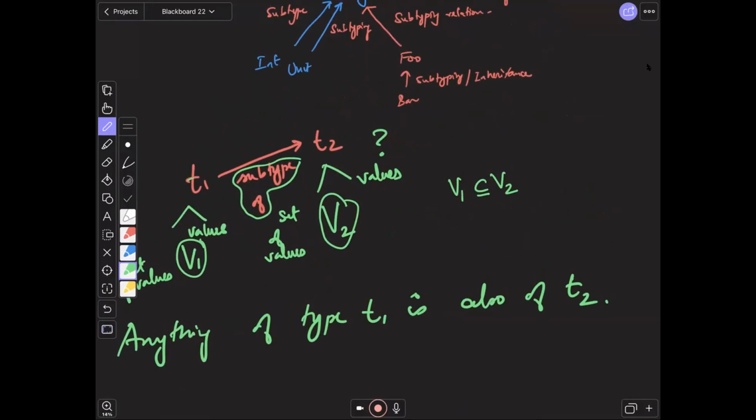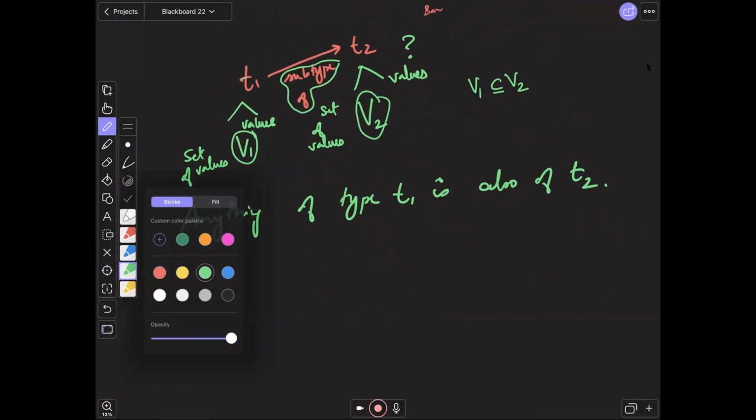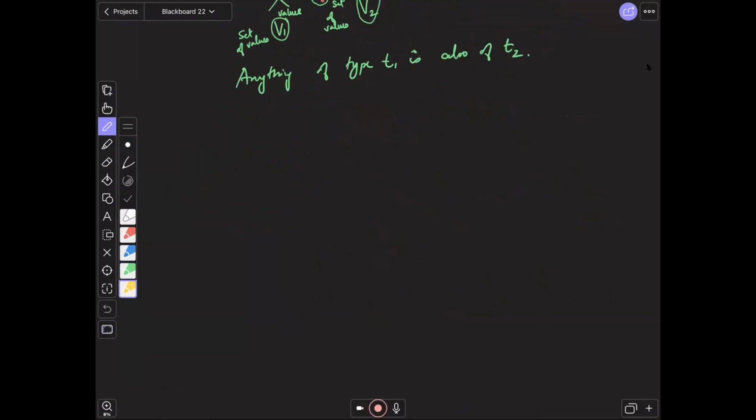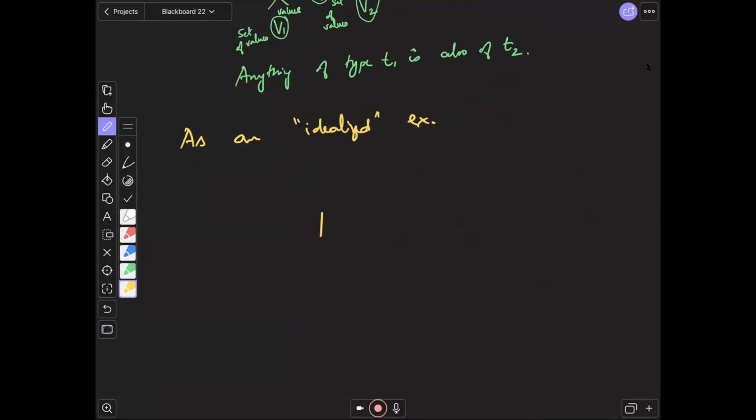But this is too specific. As an idealized example, and I will tell you why this is not the case in real life, you would like to say that the type of natural numbers is a subtype of the type of real numbers.